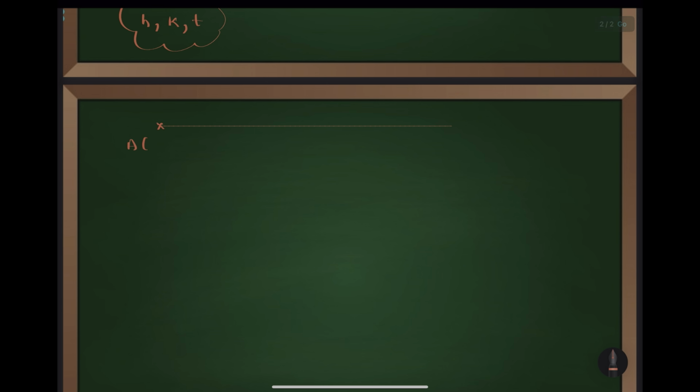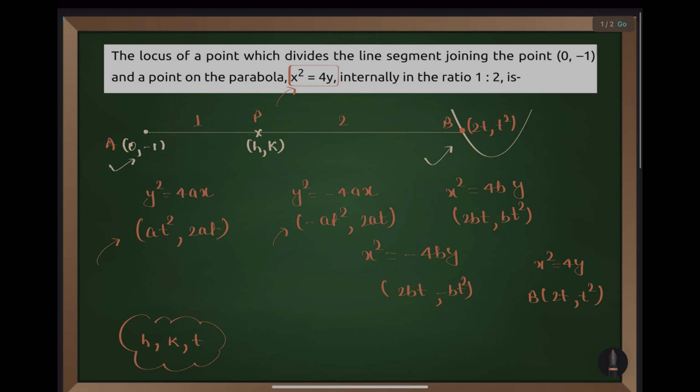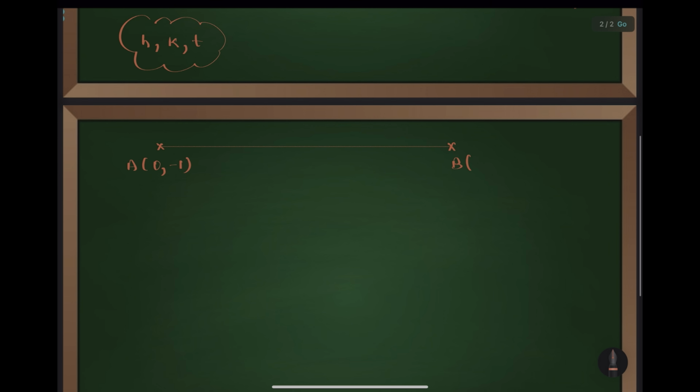So point A was 0 comma minus 1. Point B is 2t comma t square. Suppose this is point P and the ratio is 1 is to 2, h comma k.